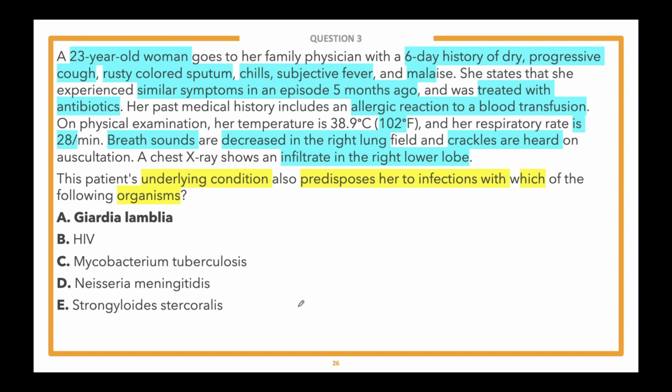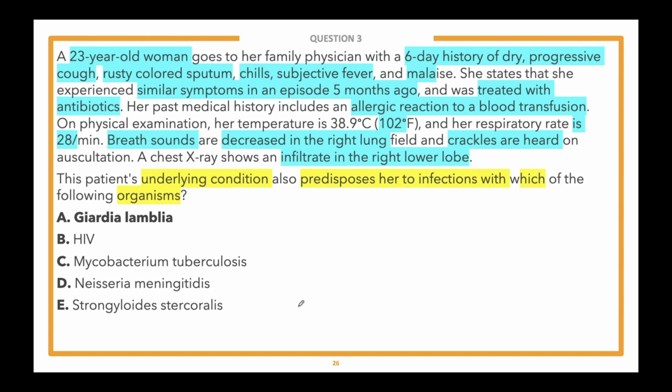But let's talk about the other answer choices real quick as well. So answer choice E. An infection with this, you could see vomiting, diarrhea, lung symptoms as well, maybe a rash. But really big risk factors that would put you at risk for an infection with E would be travel or steroid use, which we don't really have here.